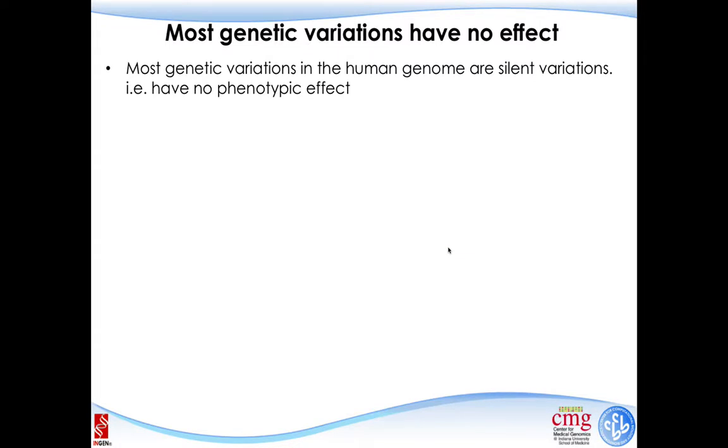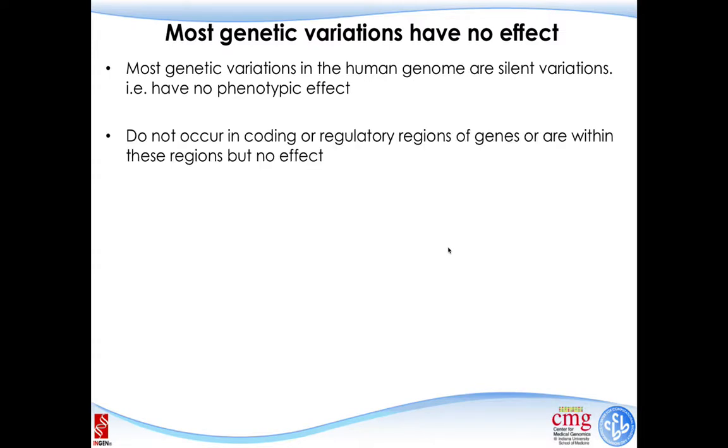Okay, and another point I want to make here is most genetic variations have no effects. Most genetic variation in the human genome are silent variations. They have no phenotypic impact, and they do not occur in coding or regulatory regions of genes, or occur within genes but have no effects. So there are a lot of variants.